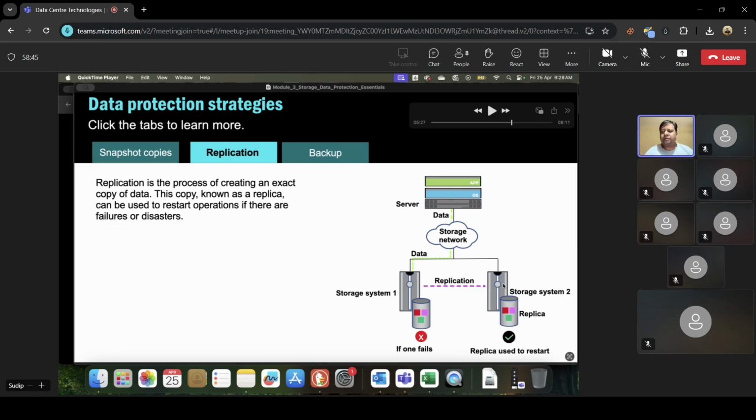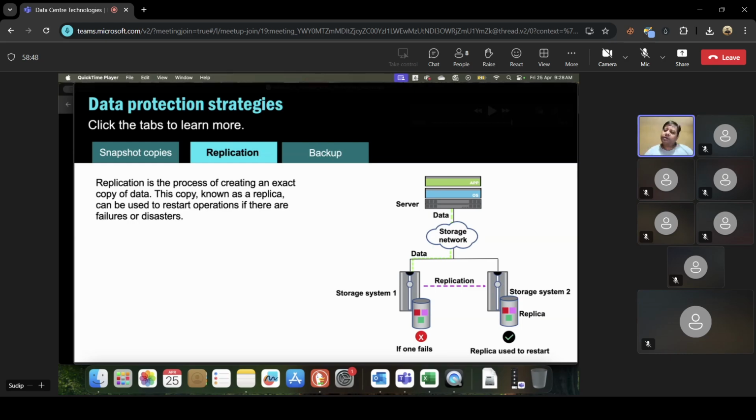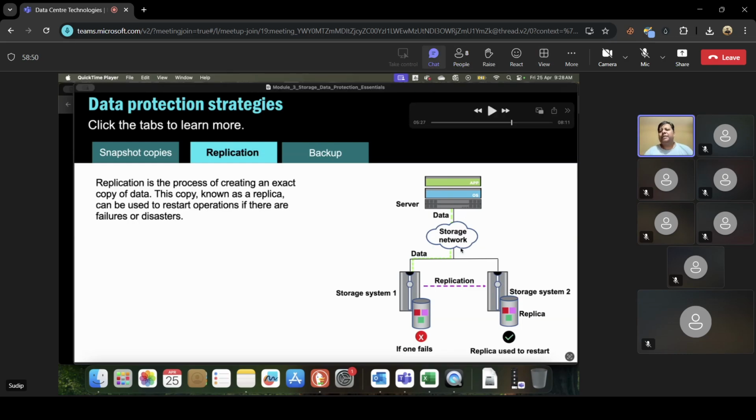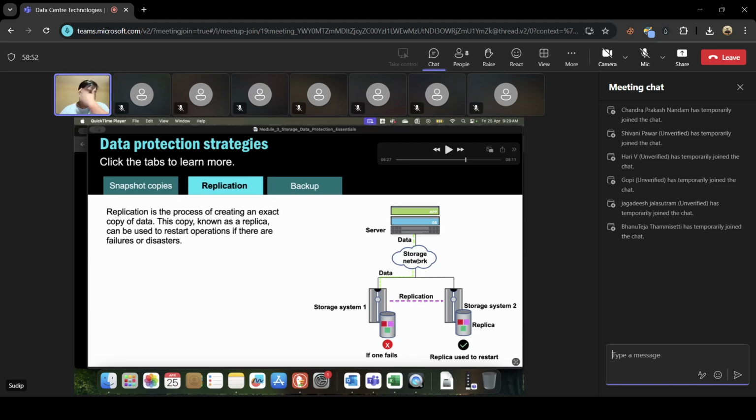I'm not going into the details right now, but those technologies are available and we will be using them whenever we are doing replication, so that whenever this switchover happens, it's called failover or switchover, between the failed storage system to the surviving storage system or to the replica, the data will start reading and writing from the other storage system.